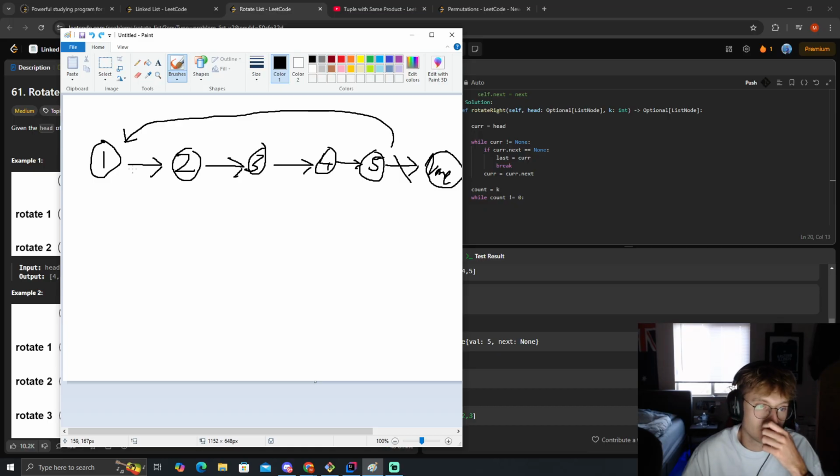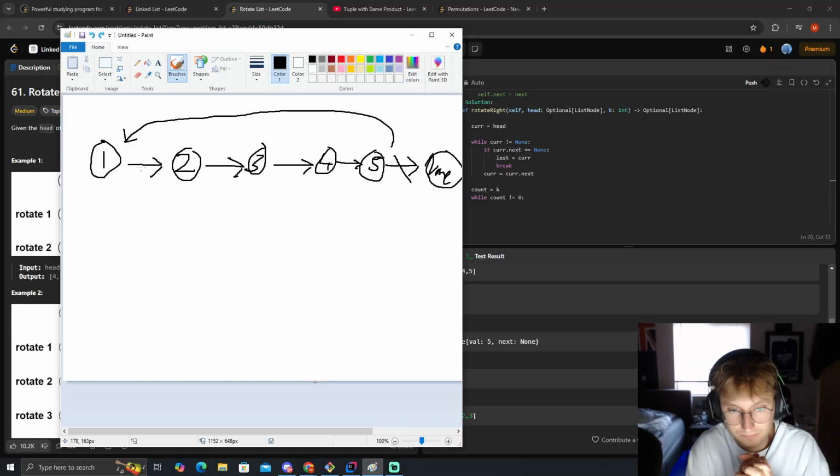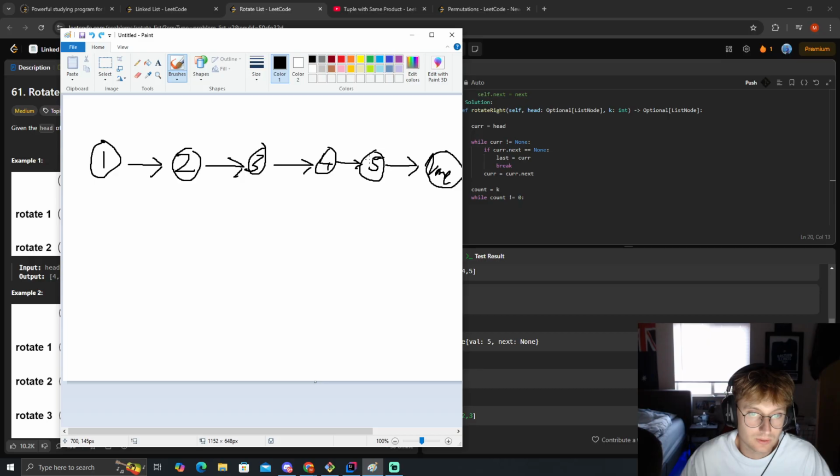I think we'd have to rearrange all these pointers. That's the thing. Will we have to rearrange each pointer? Because technically we're moving 5 here, and each pointer goes up by 1, I think. Right, so if we break this node, move this here.